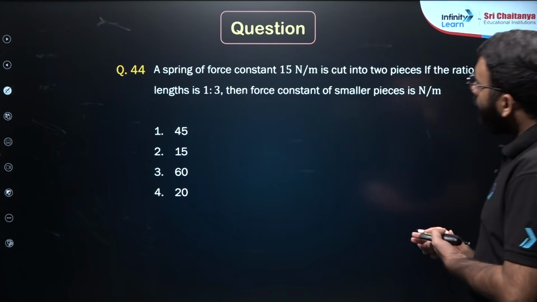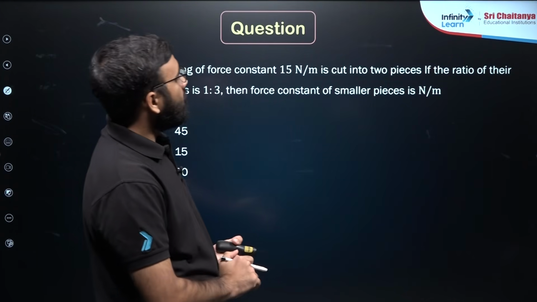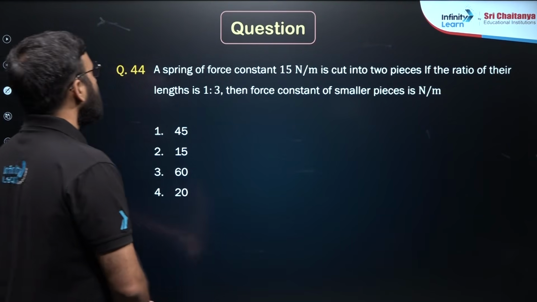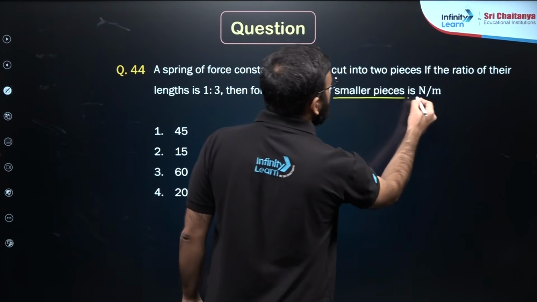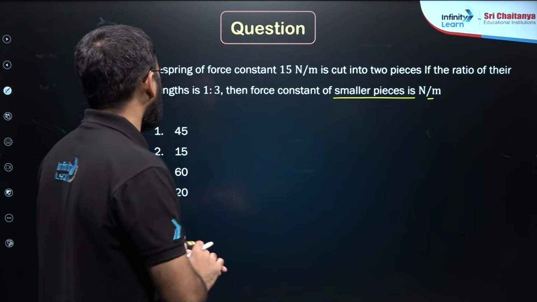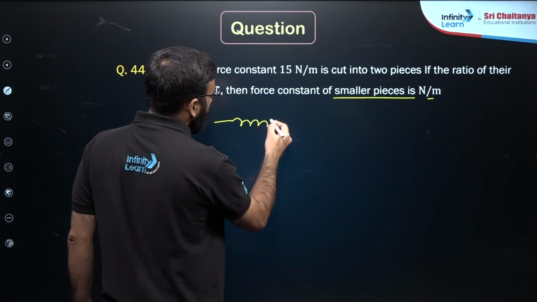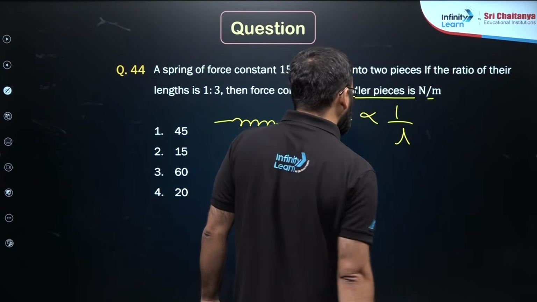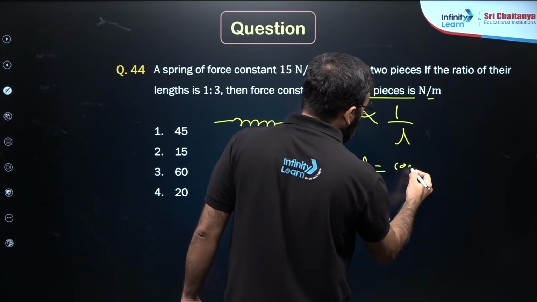Next one, a spring of force constant 15 Newton per meter is cut into two pieces. If the ratio of their lengths is 1/3, so the force constant of the smaller piece is how many Newton per meter. Okay, so if this is my spring, so the spring constant is inversely proportional to its natural length, means spring constant and its length product is always constant.